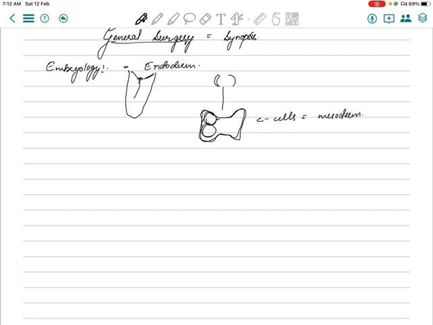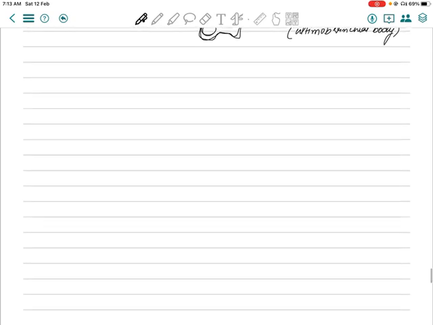So we can say that it's endomesoderm in origin, which is from the ultimobranchial body. I'm going to show you the diagram and everything. Let's just cover the embryology part of it.